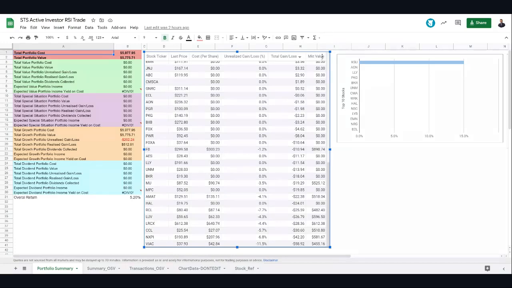This particular performance data is already in the STS active investor side, and you all have access to it, so you can look at it. Let me share the chart screen that I use for it. Hold on one second.